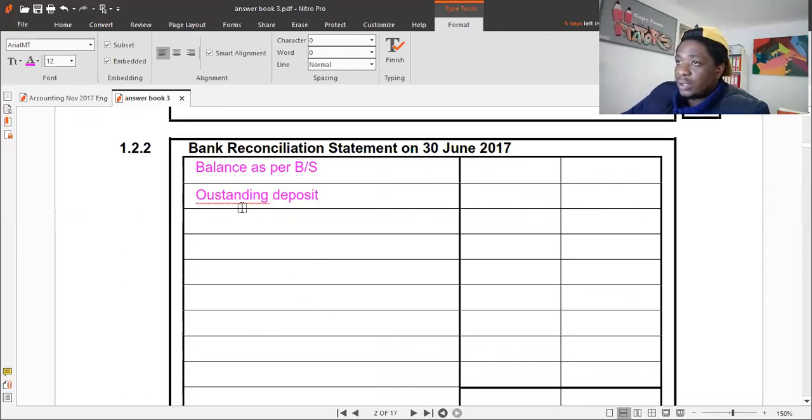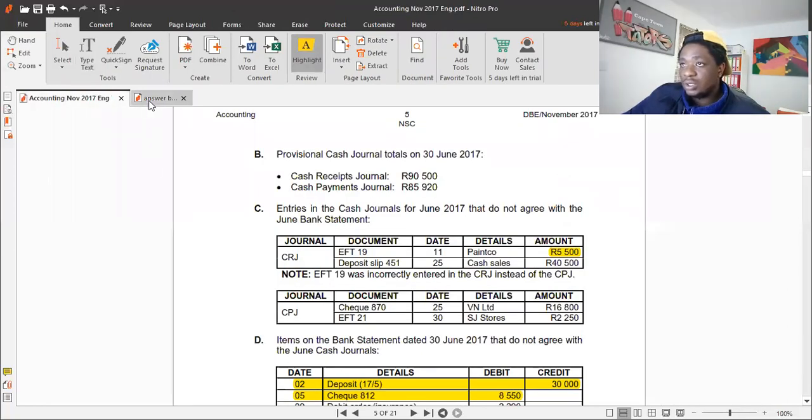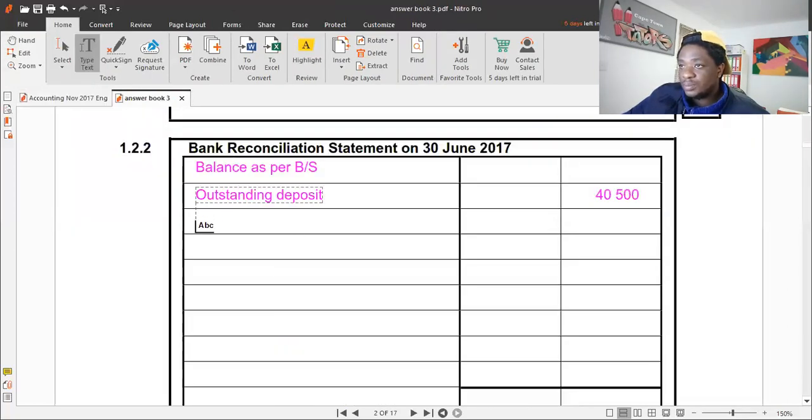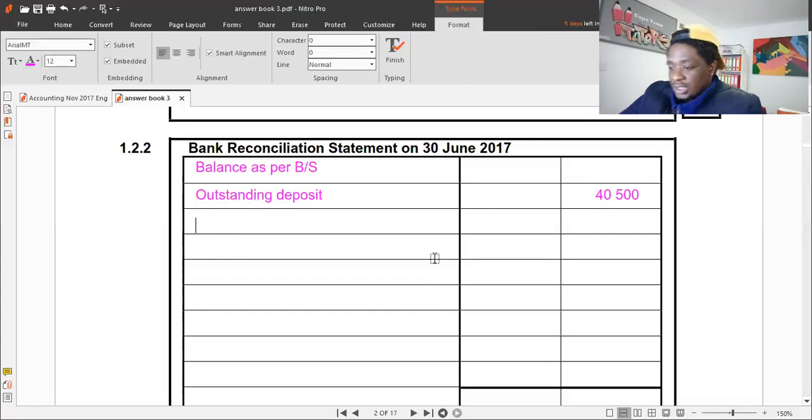The outstanding deposits go into the credit side, right? Because deposits increase the bank account and increase what the bank owes to the business. And we do the bank reconciliation statement from the perspective of the bank. So 40,500.